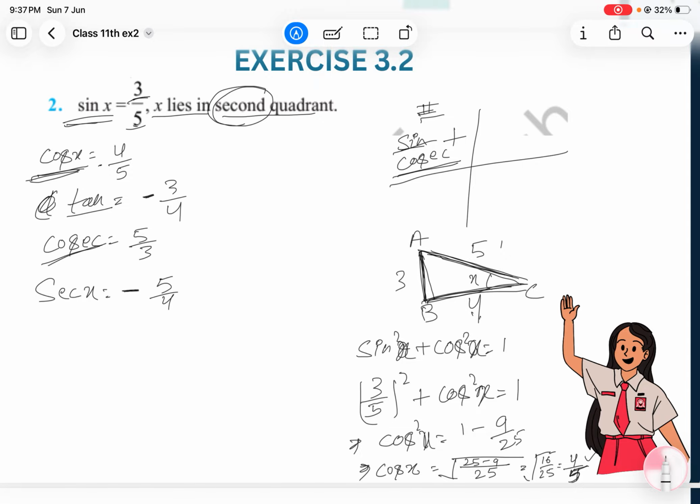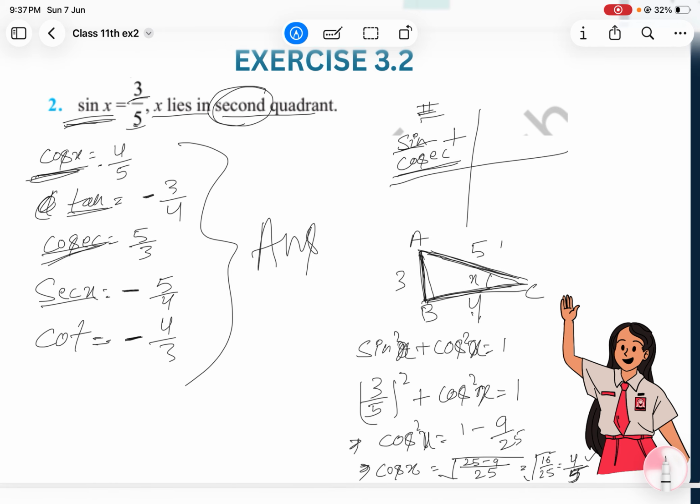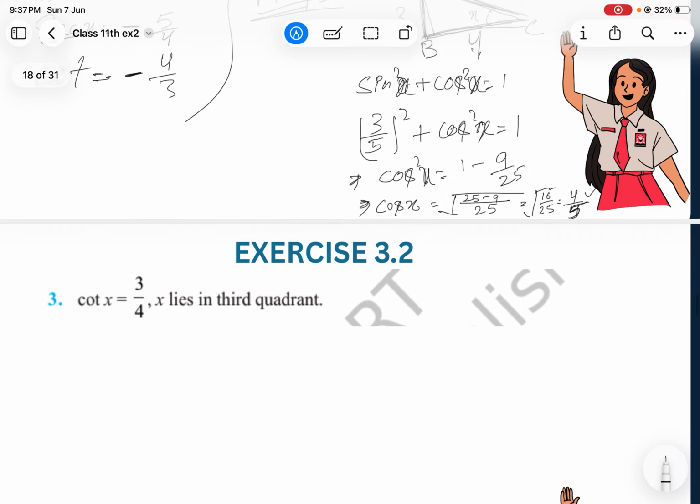Next, sine, cos, tan, cosec, sec. Now cot is 1 by tan, so we have 4 by 3. So cot will also be negative in the second quadrant, so we will write minus 4 by 3. So this is the answer, and you can check it in your answer sheet.